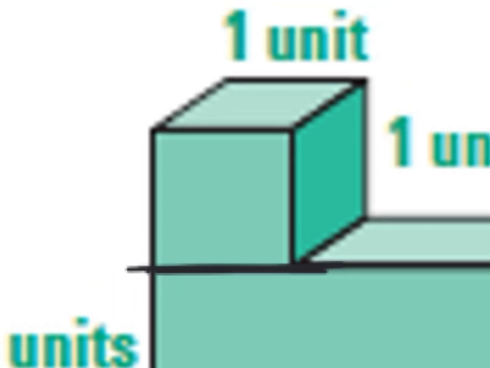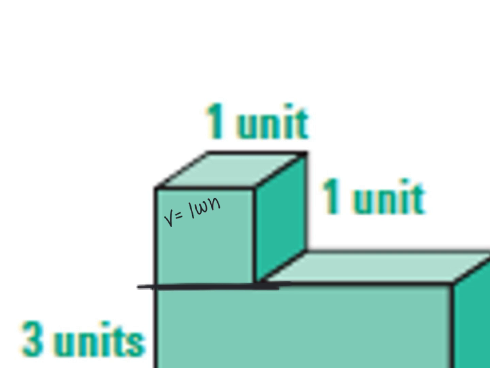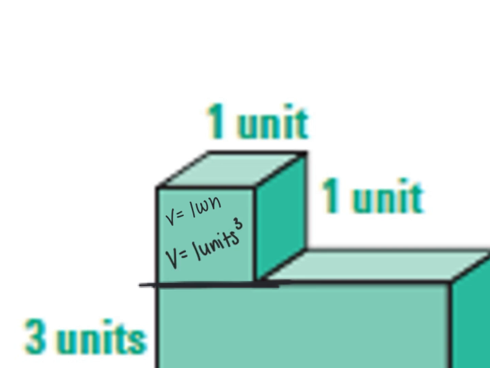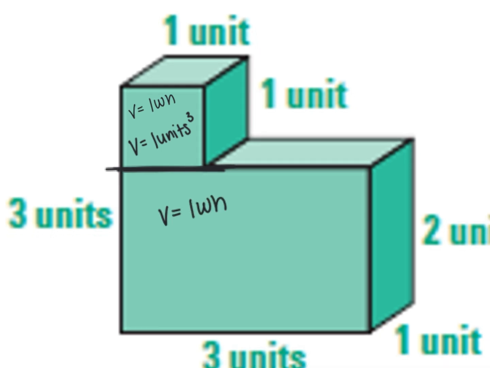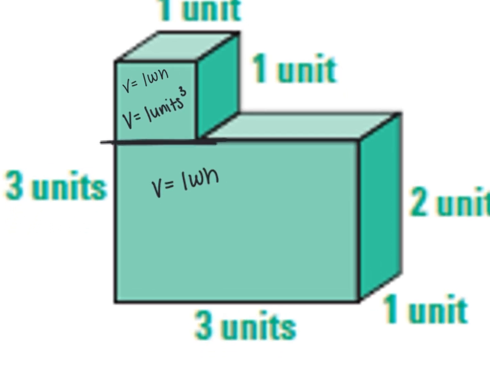So volume for a square or a prism, volume's going to equal length times width times height. What's the length and the width and the height of this cube? 1. So my volume for this is going to equal 1 unit cubed. And looking at this diagram, my volume equals length times width times height. What's the length, what's the width, and what's the height?